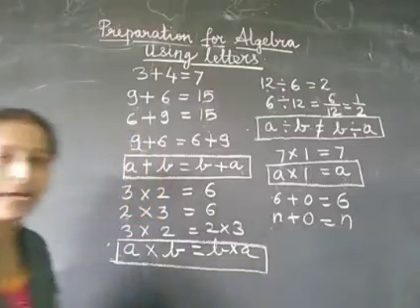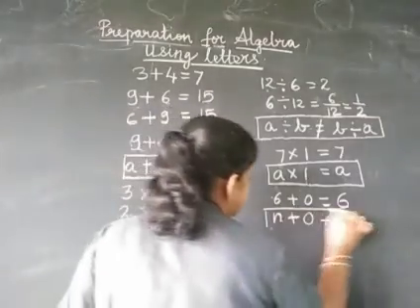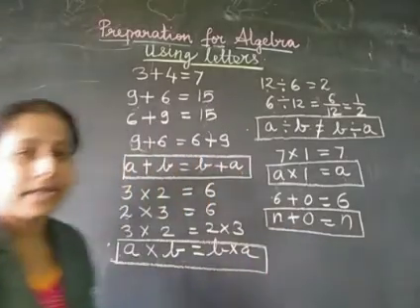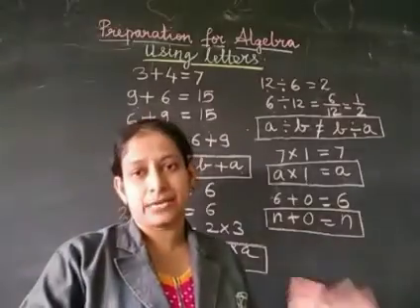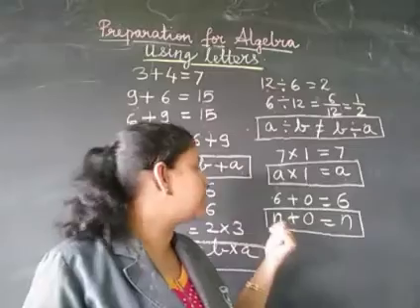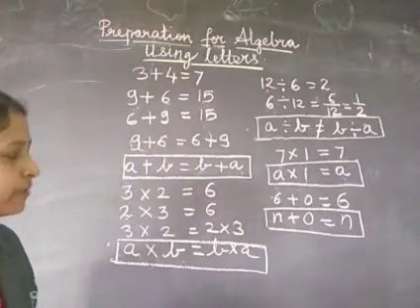So here again another formula you are getting, that is n plus 0 is equal to n. You can write this as a plus 0 equal to a, whichever letter you like. From A to Z, any letters you can use. You can use even X here.